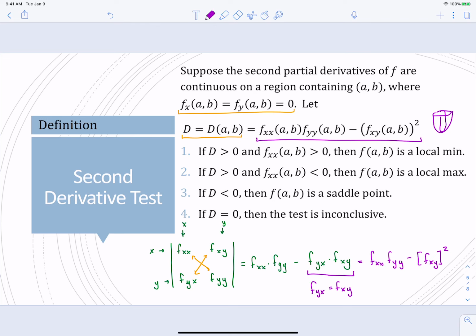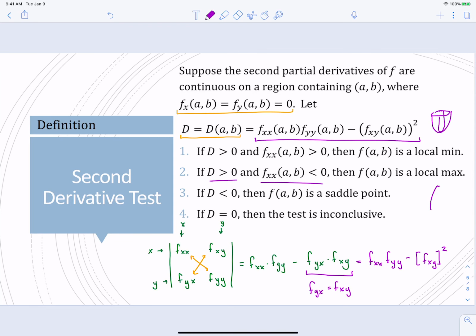It's concave up, second derivative would be positive, but we have a minimum. So same idea, if that determinant is greater than 0, so it's positive, but our second derivative with respect to x is negative, then we have a max. Okay, so again, that's sort of looking at this situation here. Really bad pictures there.